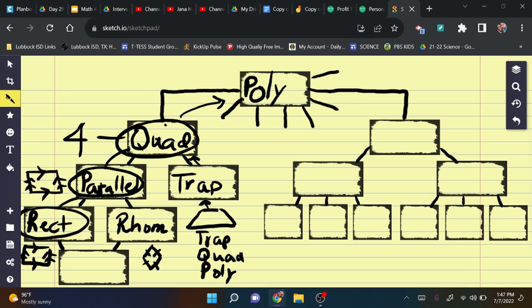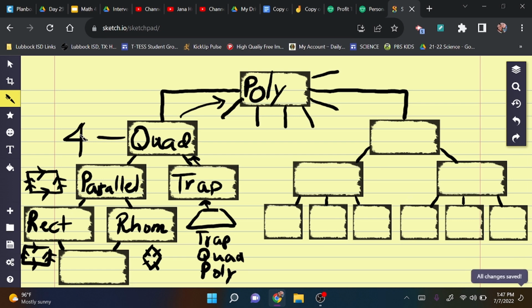It's also a quadrilateral, and it is also a polygon. So I can classify it any way that is above it in the flow chart. So the more we go down, the more specific we get to the name. And the more we go up, the broader the name is, so the more things can be classified underneath it.